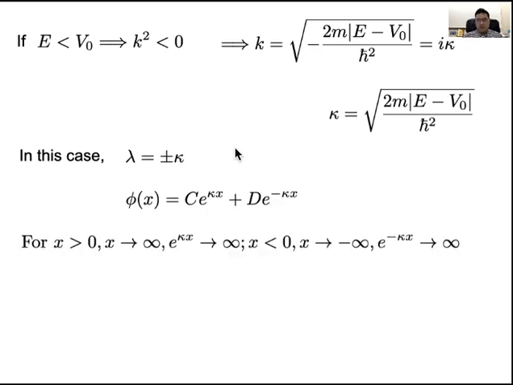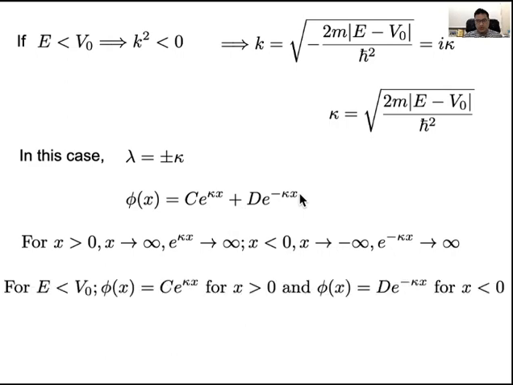Now we know that our wave function, when x goes to infinity, is supposed to vanish. It means that this part has to be dropped, and in the negative regime, when x goes to minus infinity, then this other part goes to vanish. So in the case of energy smaller than V naught, this is the part of the wave function, c times e to the power kappa x, and in another regime, this is the wave function.